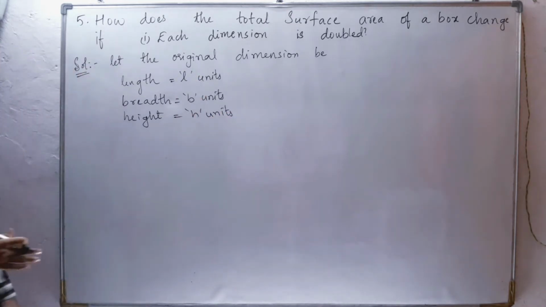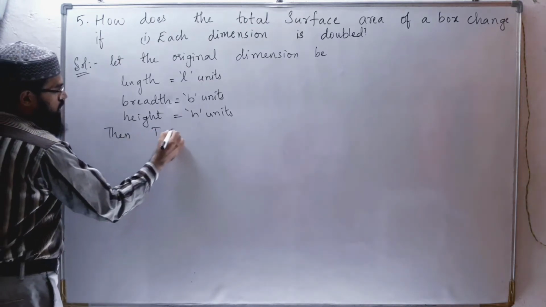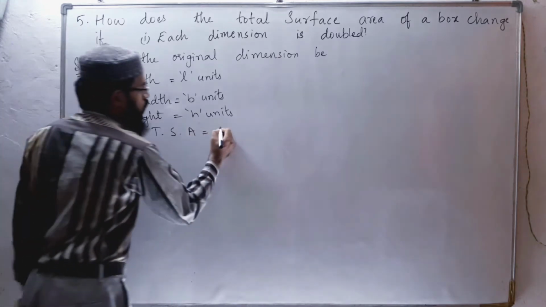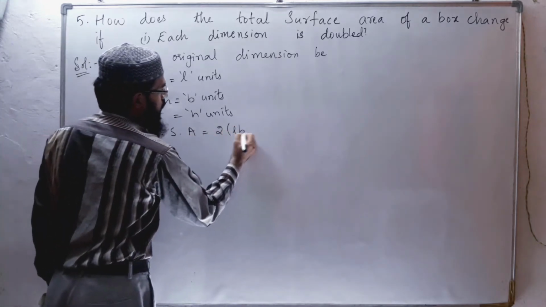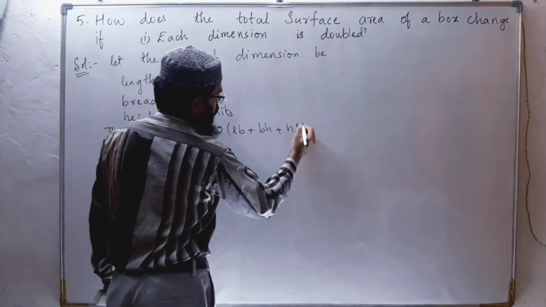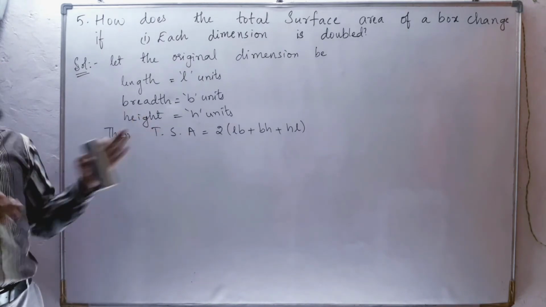Then the total surface area will become 2 into (LB plus BH plus HL). So this is the original total surface area.